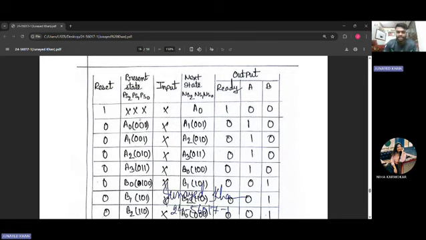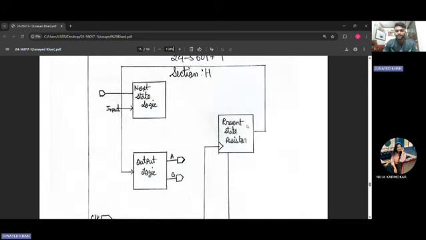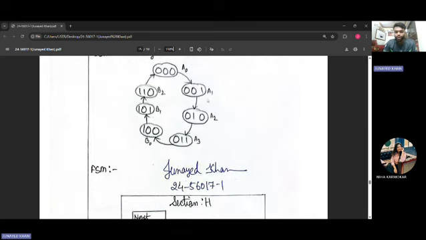That's why the next state becomes the present state, which is A0, 000, and as I said earlier, input will be don't care, and the next state will be 001. Then, because it's A1, and we have assumed that A1 will be 1 because it's activated there. From the diagram, as you can see, 001, 010, 011: if A1 is the present state, then A2 will be the next state. The next state will become the present state.